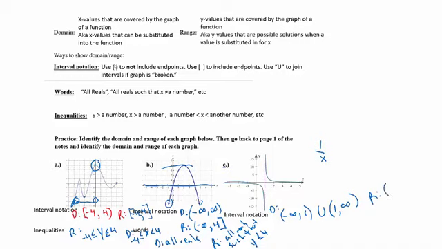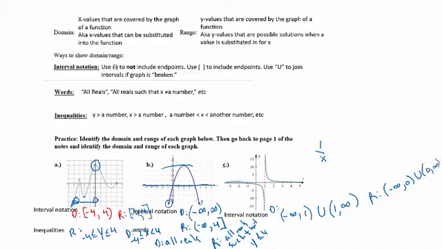So the highest point would be 0, but it goes down forever. So we're going to say negative infinity to 0. And then our graph breaks, and then it comes up here, and again the lowest point is 0, but it goes up forever. So we're going to say it starts at 0, but it does go up forever.